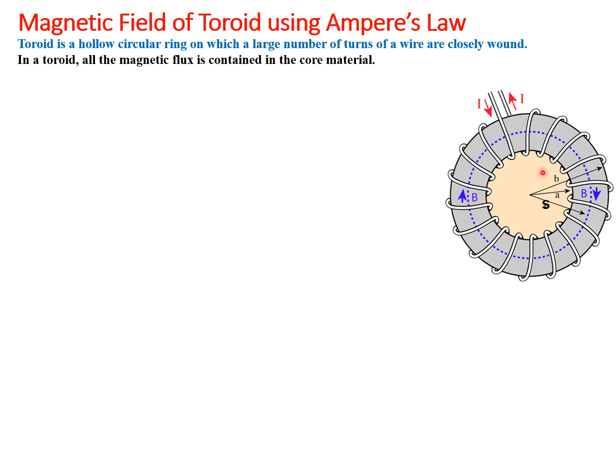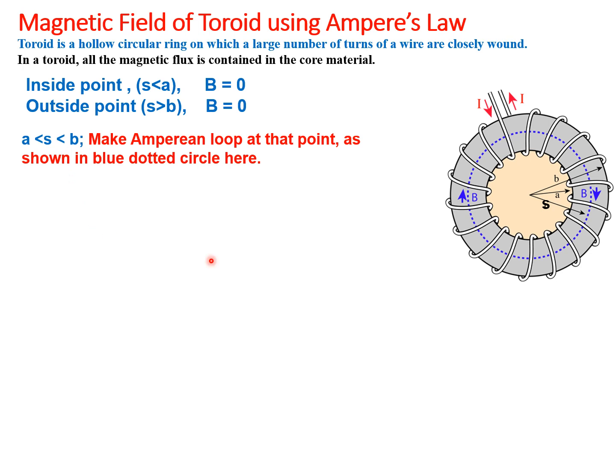So inside this hollow region and outside there is no magnetic field. So at the inside point S less than a, B equal to 0, and also at an outside point B equal to 0, because there is no current, and for the outer point the currents flowing in the inner and outer loop will cancel out.